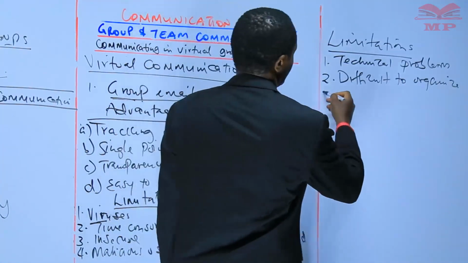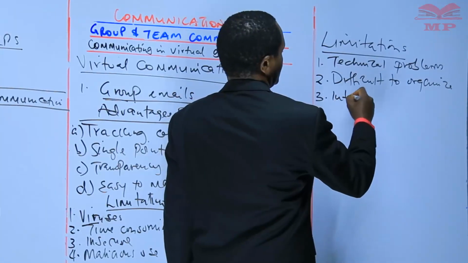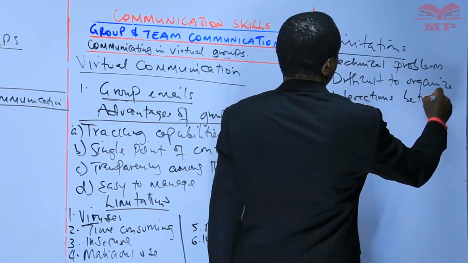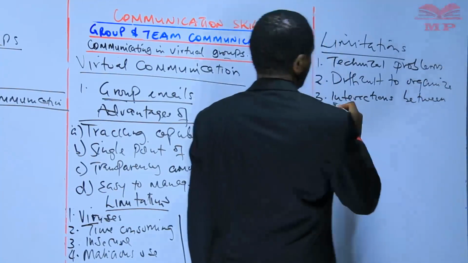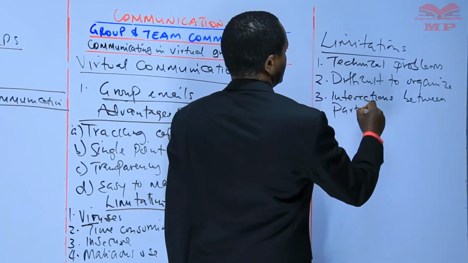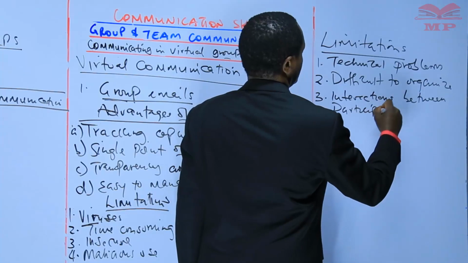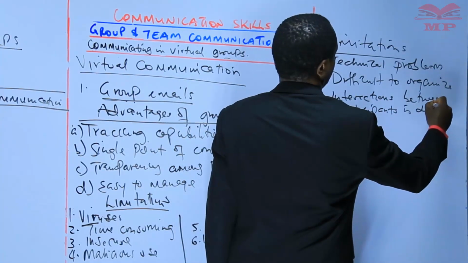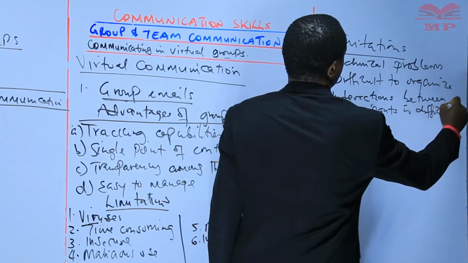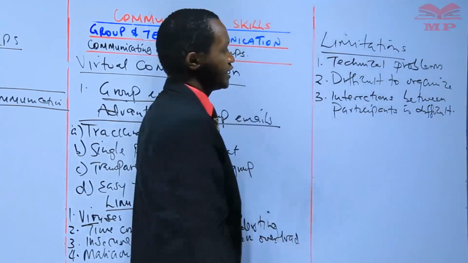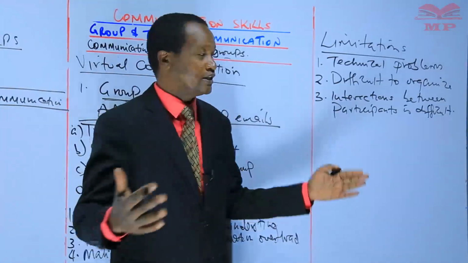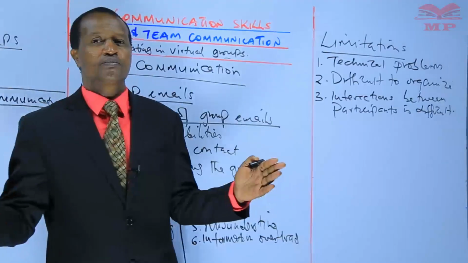The third limitation, interactions between participants is difficult. The interactions between the participants in a virtual meeting is not easy.